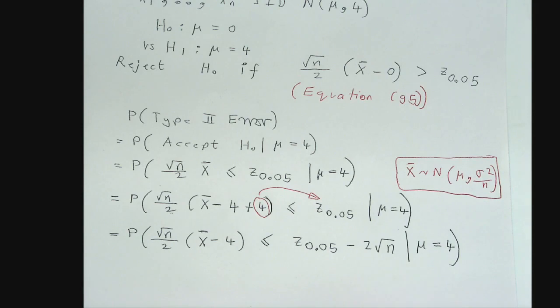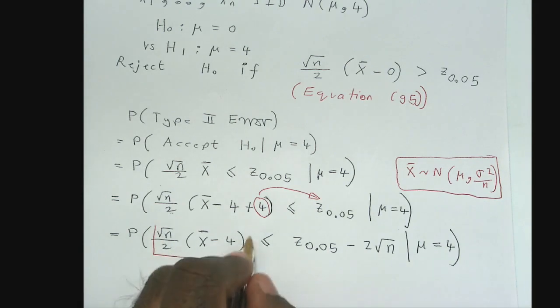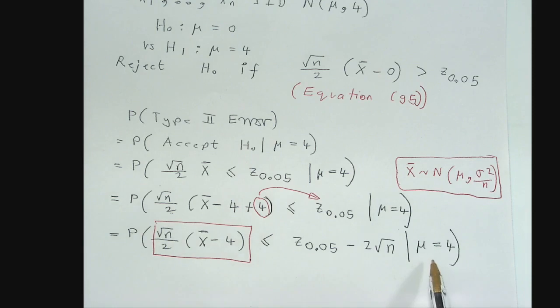Now this guy here, because of the condition that the true value of mu is equal to 4, will have the standard normal distribution.